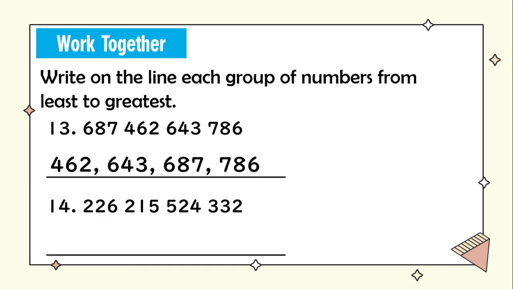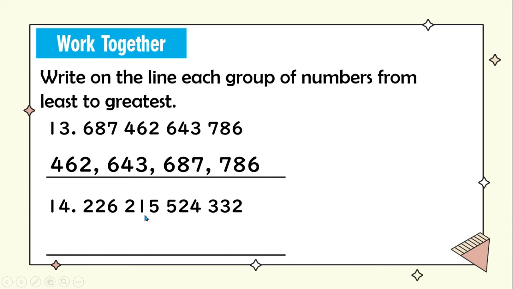And for number 14, we have 226, 215, 524, 332. So let's check with the hundreds place value. We have 2, 2, 5, and 3, which is the least? 2. And we have two numbers that have the same value of hundreds. So let's proceed to the tens place value. First we have 2 and the other one is 1. So which is the least?